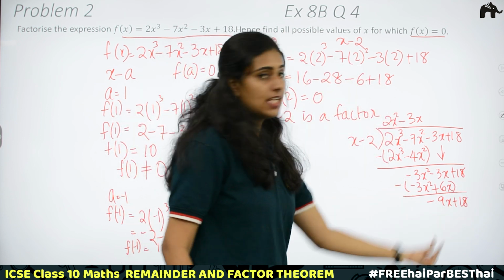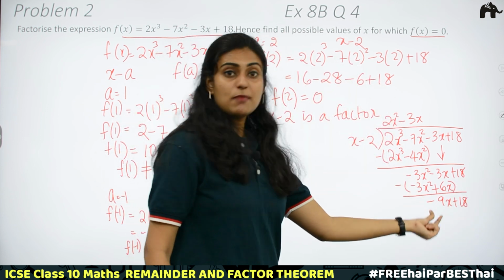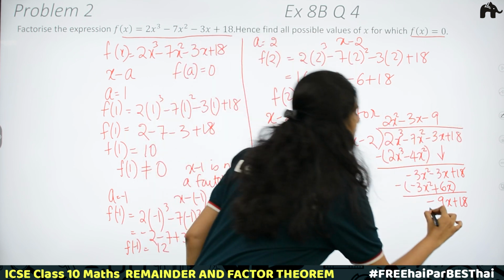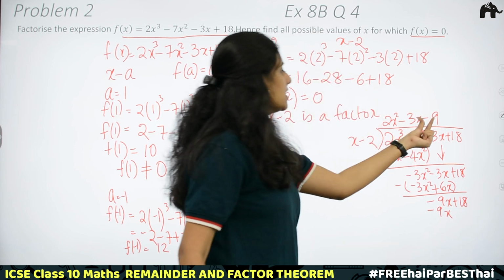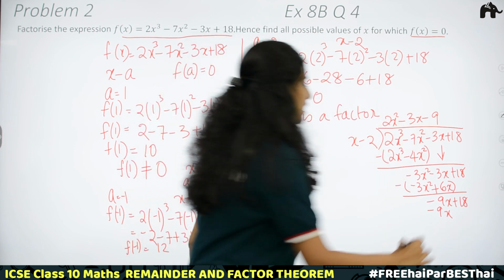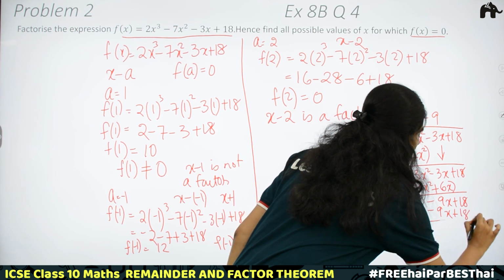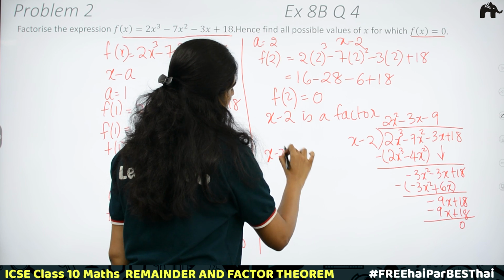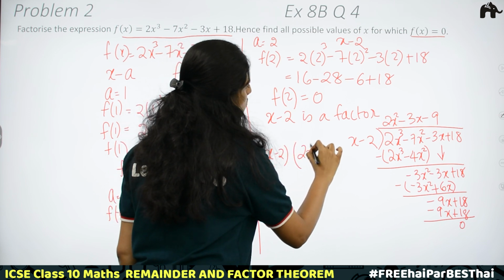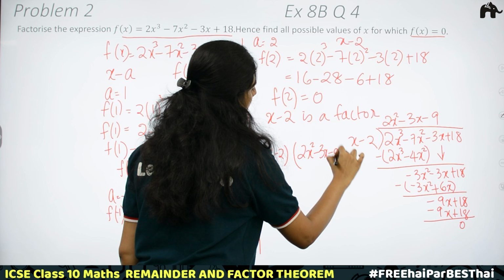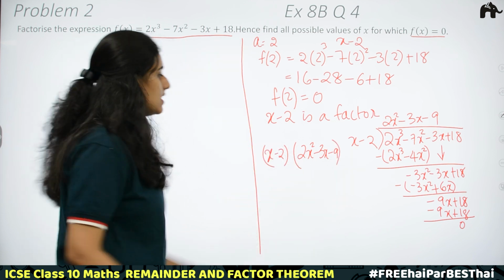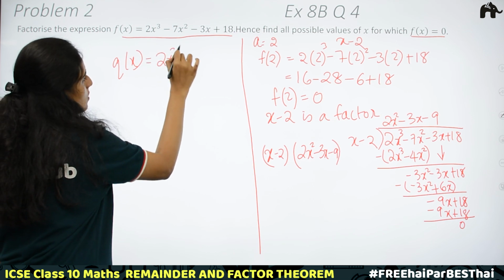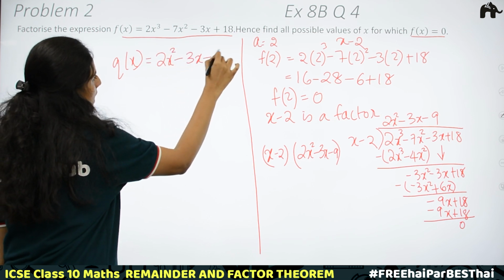Now to get minus 9x, x is multiplied with minus 9. Minus 9 into x is minus 9x. Minus 9 into minus 2 is plus 18. When you subtract this, we get 0. Therefore the factors are x minus 2 and 2x square minus 3x minus 9. From this we can get two factors. Here the quotient obtained, q of x, is equal to 2x square minus 3x minus 9.